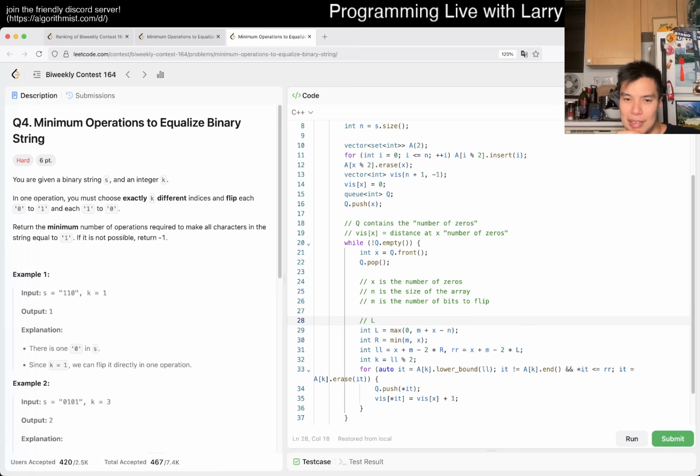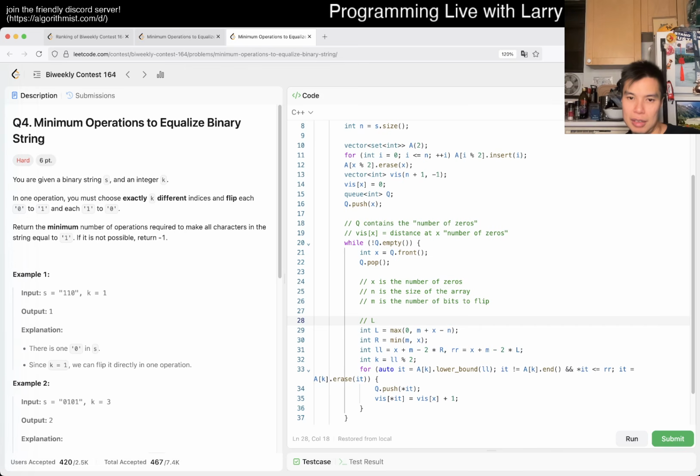Man, this is very confusing the way it is written for me. Like what is, why, how? All right, what is R? Maybe that's a little bit easier to understand. R is the number of bits to flip.